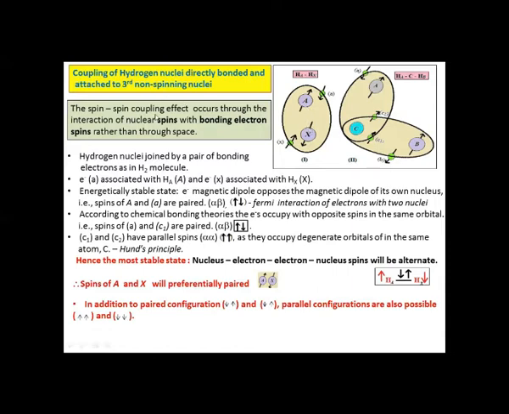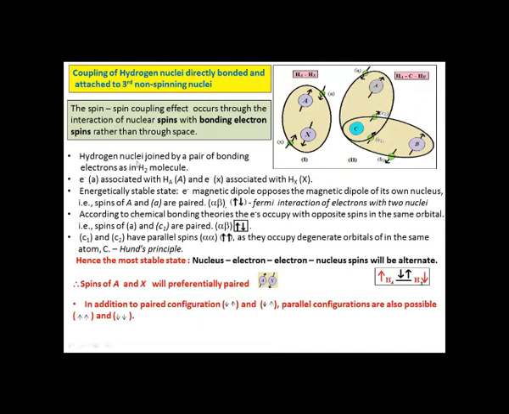So the spin-spin coupling effect occurs through the interaction of the nuclear spins with the bonding electron spins rather than through space. In other words, the mutual magnetic influence between the two protons, HA and HX, is not transmitted through space but through the electrons in the intervening bonds.